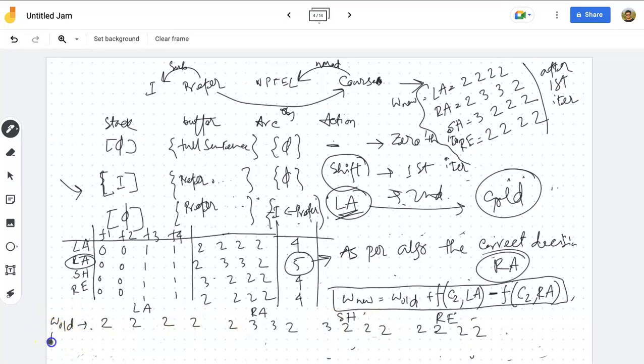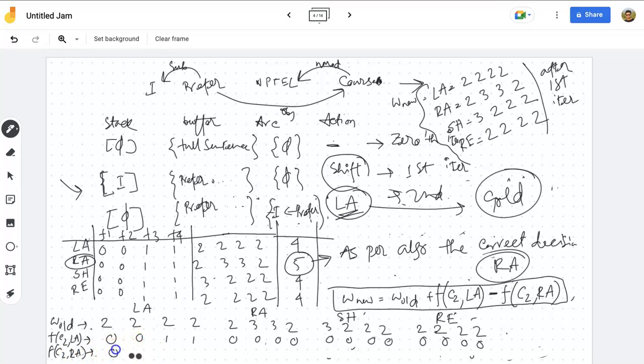Now what is FC2 left arc? If you see the left arc, it is 0 0 1 1, but for other things it will be 0. And what is your FC2 right arc?